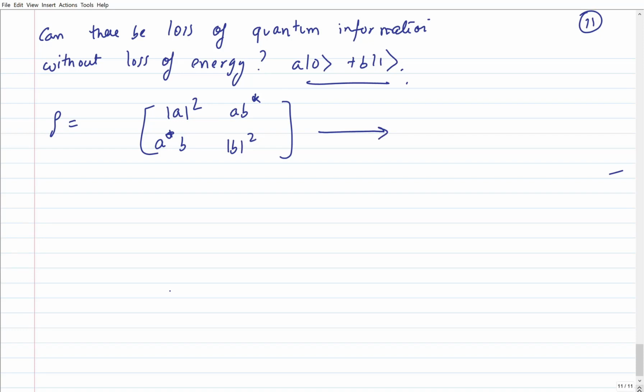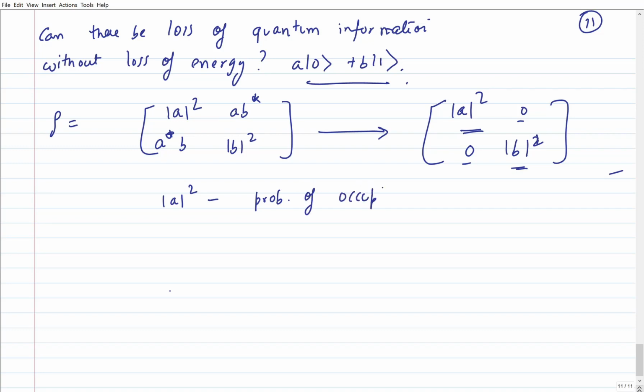One way for this to happen is I lose the off diagonal elements, and I'm only left with a square and b square. Also notice that the diagonal elements were, for example, the probability of occupation in energy level 0.